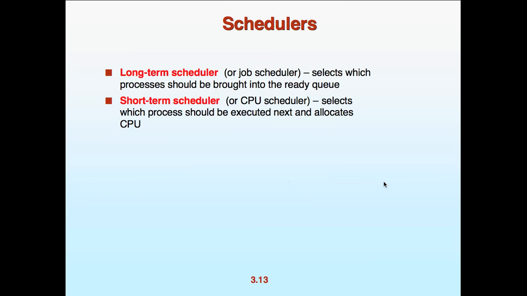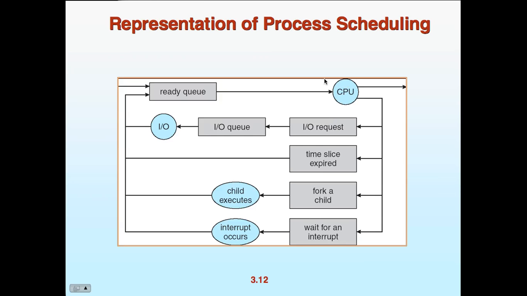Or CPU scheduler. The short-term scheduler is the CPU scheduler. It selects which process should be executed next and allocates CPU time to it. So long-term scheduler is everybody. Short-term is just getting to the CPU.